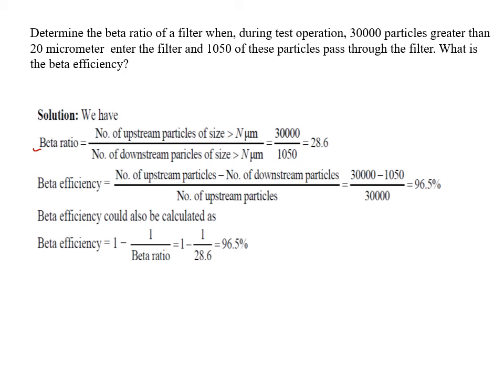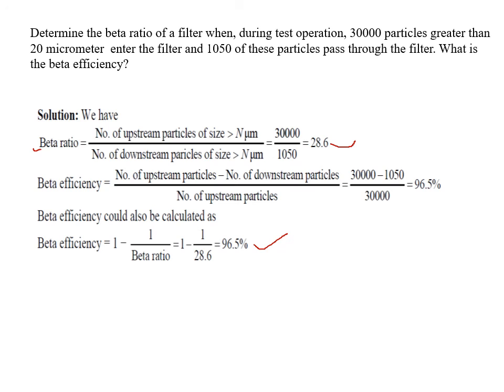The beta ratio is the number of upstream particles, that is 30,000, divided by the number of downstream particles, that is 1050. The beta ratio comes to around 28.6. We know the formula for beta efficiency, that is 1 minus 1 upon the beta ratio, so the beta efficiency comes to 96.5%.